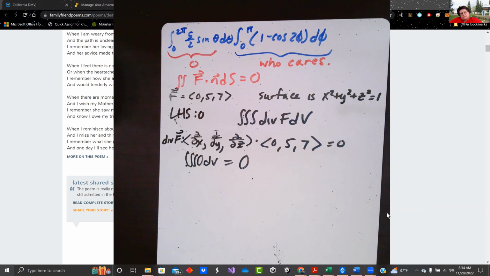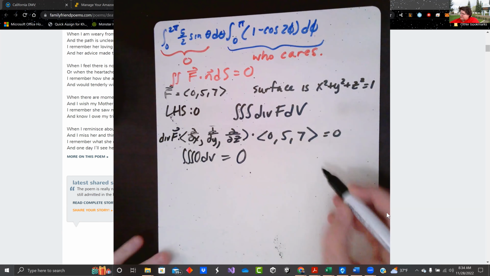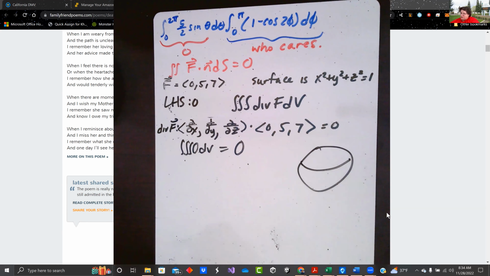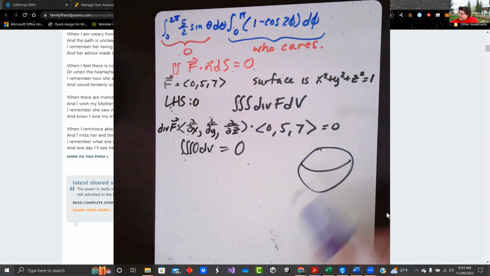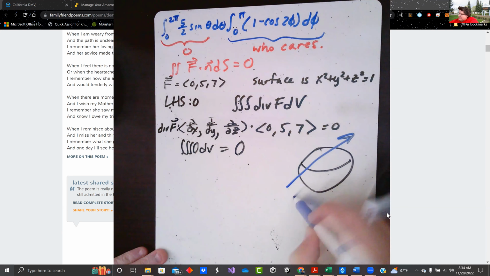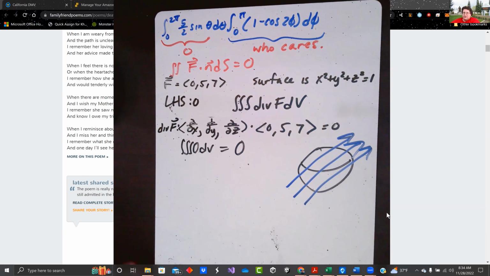No, because we are talking about the flow through something. We're doing the flux through this sphere. So there's flow through it. There's no x component. The flow is going one way. So what goes in the sphere goes out the sphere.